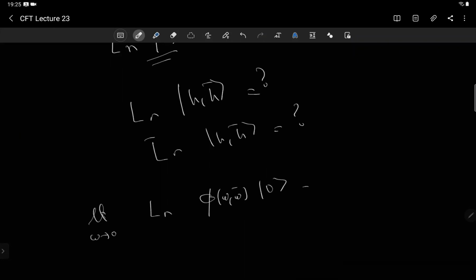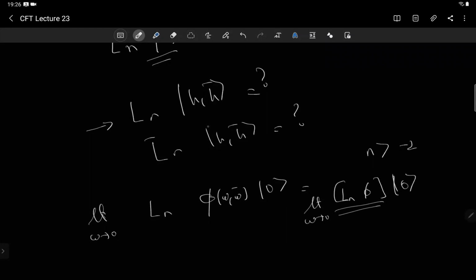Now if n is greater than -2, then this thing can be written as the commutator of Ln and phi acting on the ground state, because Ln acting on the ground state is 0. So for n greater than -2, we can find this object just by computing this commutator and then taking the limit omega goes to 0.